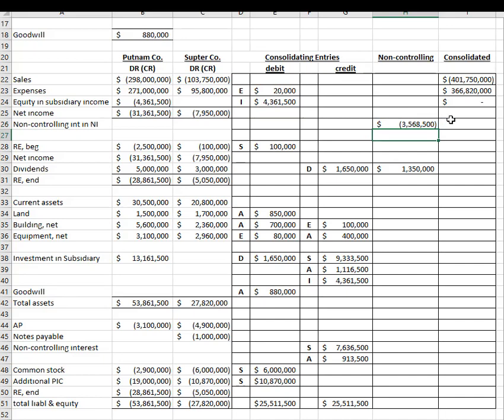All right, and so that comes out when calculating the consolidated, the parent share of consolidated net income. So this is simply a vertical, and then these two lines together. So that's the parent share. So that's what's going into the parent's retained earnings.